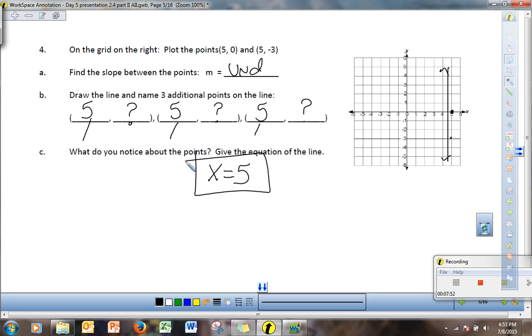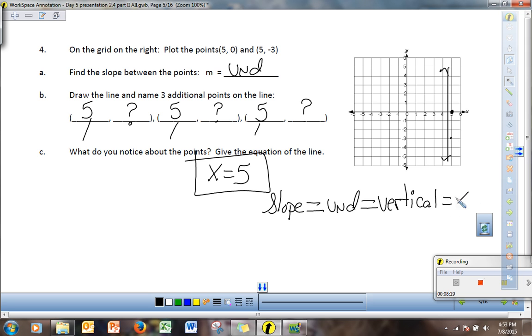So here's what I need to point out, guys. The reason for this front side is if your slope is undefined, that means you're going to have a vertical line. And make sure you know how to spell vertical: V-E-R-T-I-C-A-L, not L-E. So if your slope is undefined, it's going to be a vertical line.